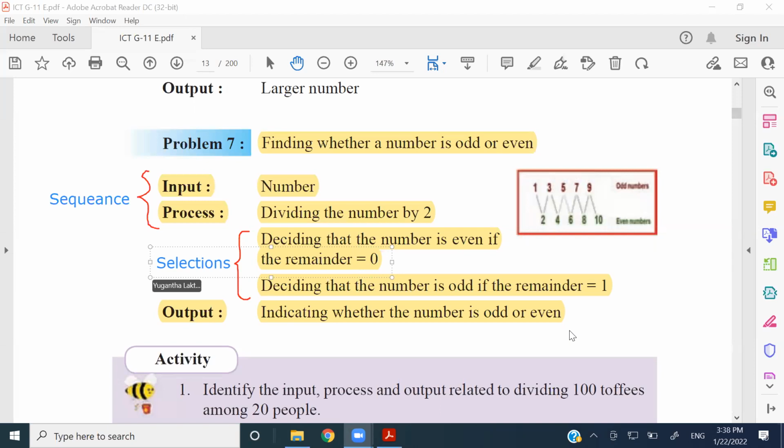The output is going to be again a part of the sequence. They don't have an iteration here, right?